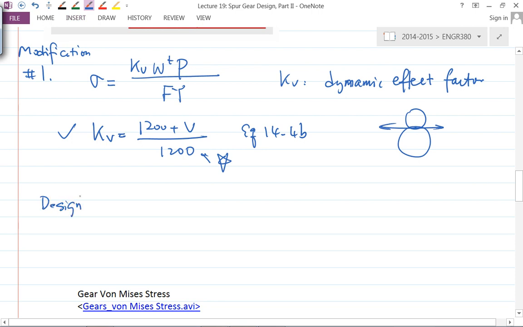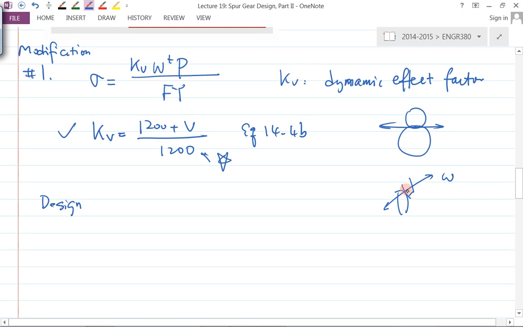If I'm going to do the design, we can actually also use what we learned from the previous lecture. So you have a gear tooth, and you have another gear tooth, and they are in contact with each other. For example, this is W. If you examine the variations of stress on the gear tooth, basically they engage, contact, and disengage, right?